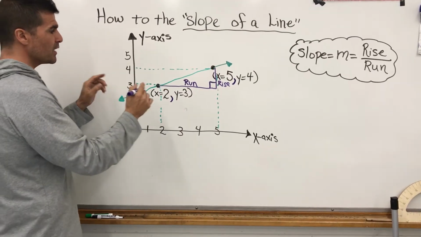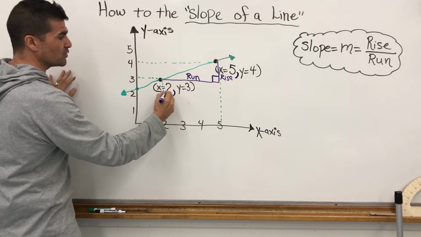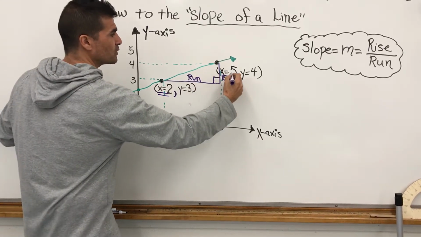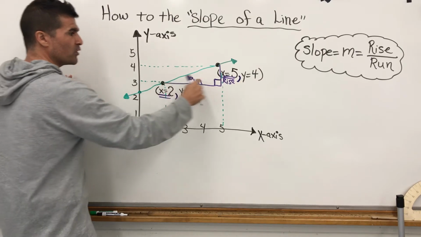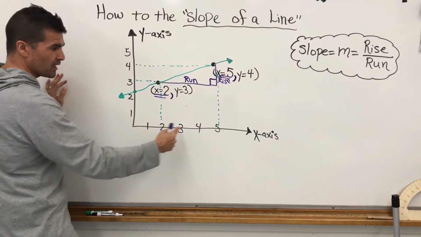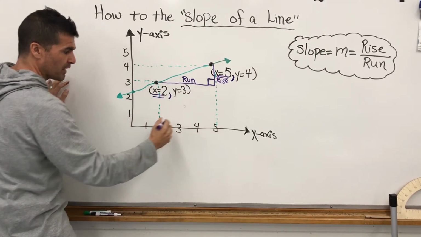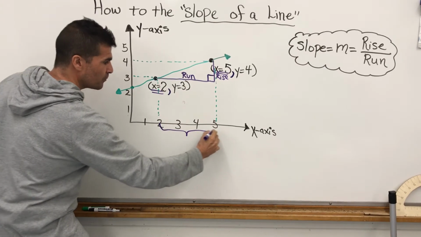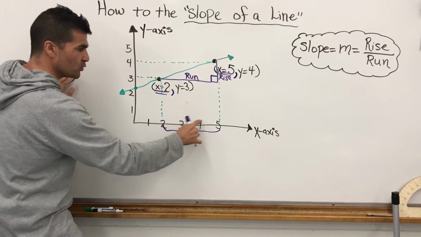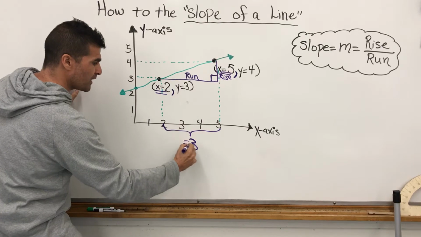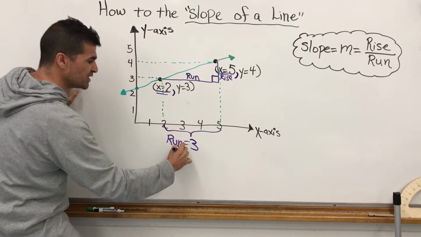Where x is equal to 2 and where x is equal to 5, this is where you're going to run. You're going to run from here to this x coordinate. If you look at what you run, you go 1, 2, 3. You ran a total of 3 spaces.